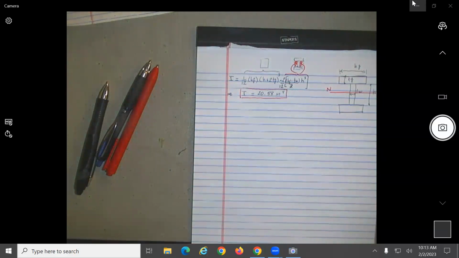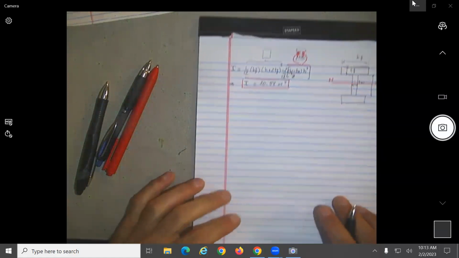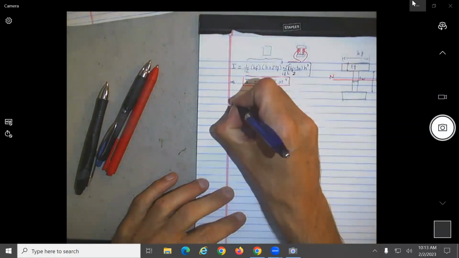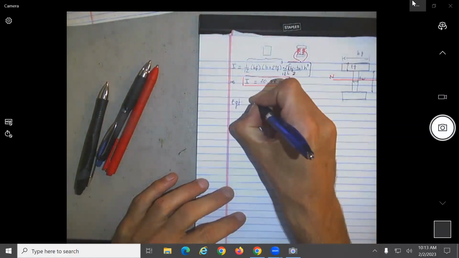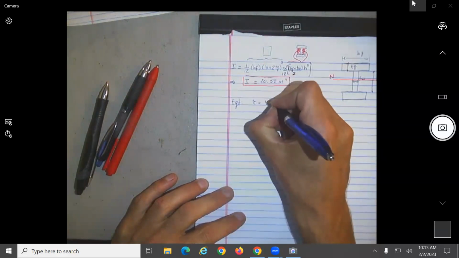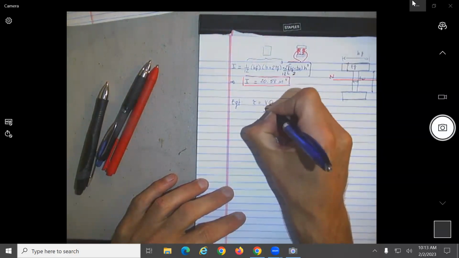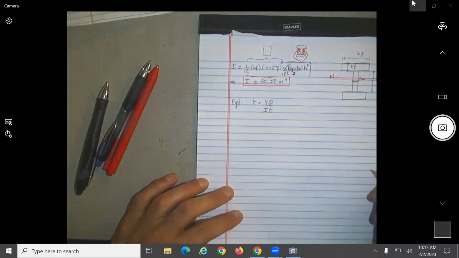All right, so let's go here. So next, the general equation we need to use is tau equals VQ over IT.